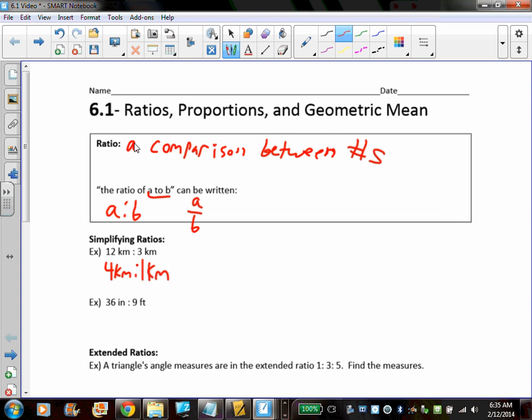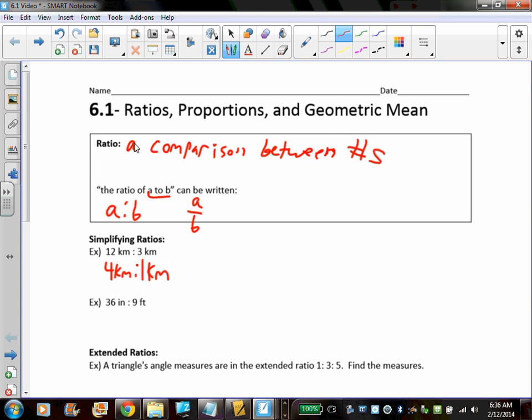Ratios allow us to more easily calculate what the new value is going to be if we know one of them. The second example, 36 inches to 9 feet. You may be a little concerned that they have different units, but sometimes they will have different units, especially when it comes to things like scales. When we're trying to take something that's way smaller, like a model, and turn it into something that's bigger, like a real building or a real room or anything like that. So don't worry about the fact that they have different units, but again, we can divide both of these by a number that will make them a little easier to deal with.